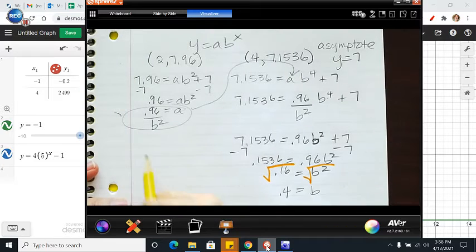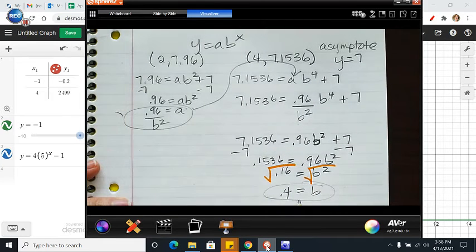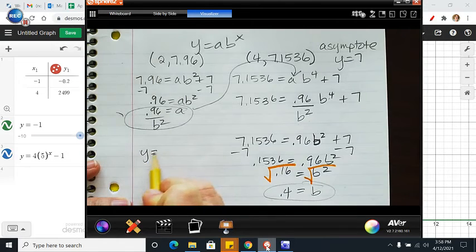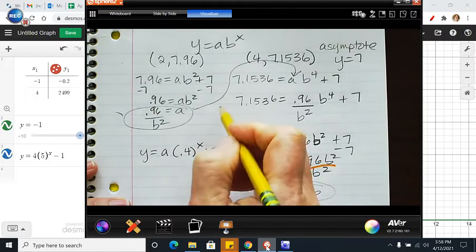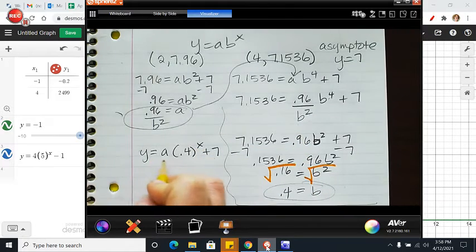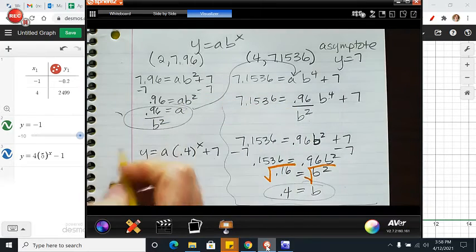Maybe that's a little bit shorter, I don't know. So b is 0.4. Then I just need to solve for a. So y equals a times 0.4 raised to the x plus 7. That's your asymptote. So plug in either of these points.